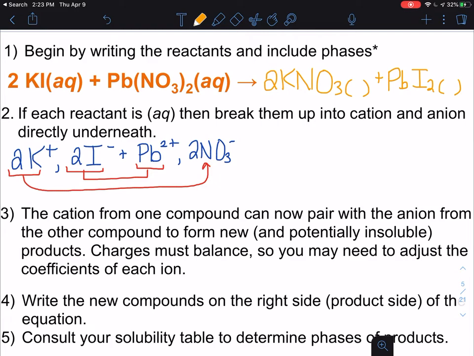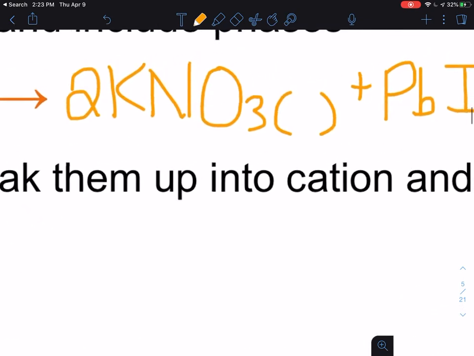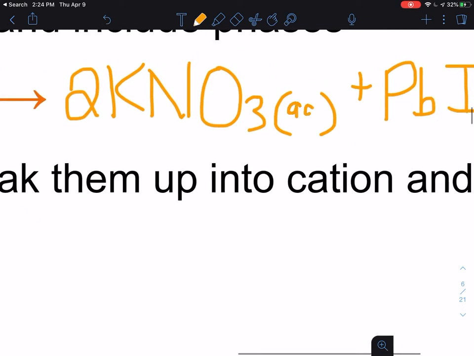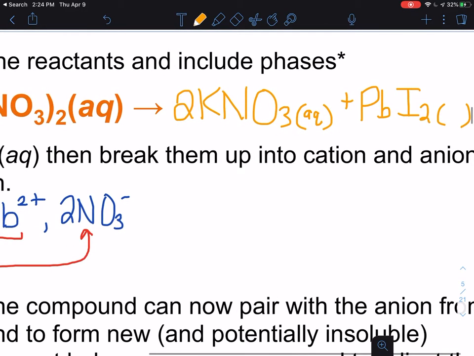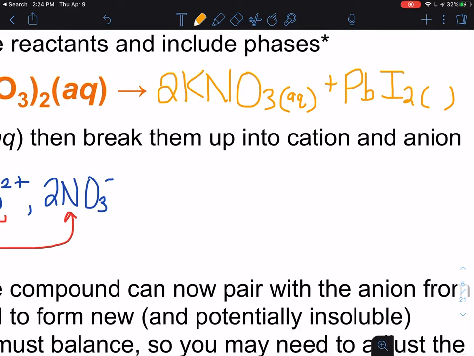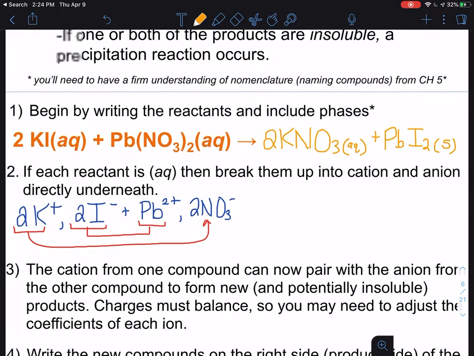Everything's balanced, it looks great, but now we have to fill out the phases. So I consult my solubility table, and long story short, all nitrates are soluble, so I'm going to write aq. And it turns out that lead iodide, spoiler alert, is not soluble. I just know this because I've lectured on this before.